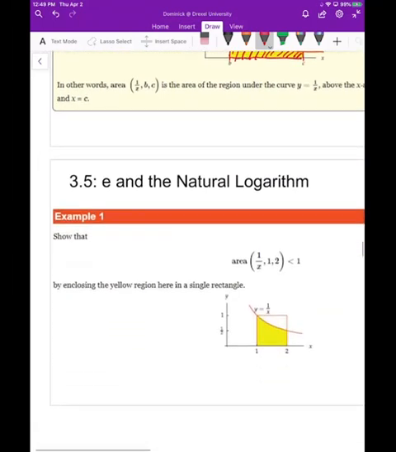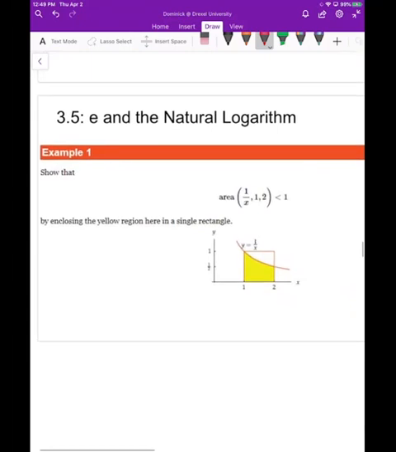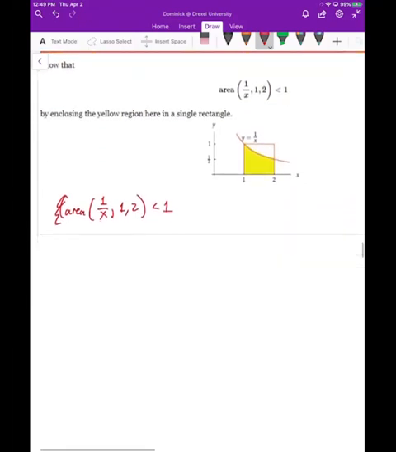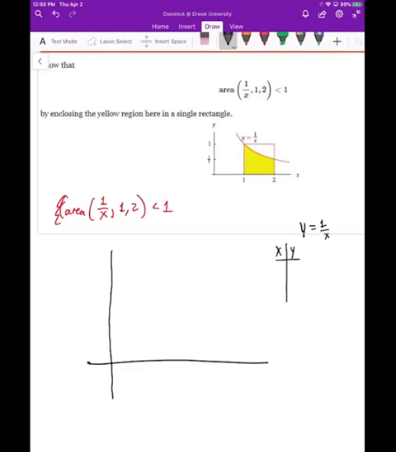All right, now we're going to show, as a first example, that the area between 1 over x and the x-axis from 1 to 2 is less than 1. Now they have a picture here, but I want to derive this separately. One thing that will be helpful to note here is that when you plug in 1 and 2 into y equals 1 over x, what do you get?